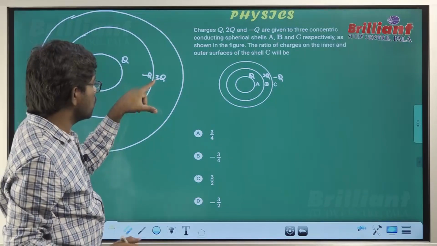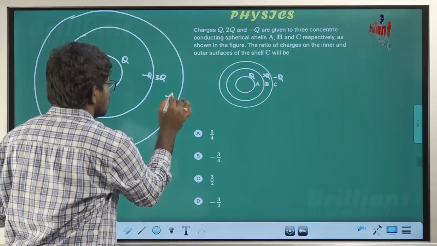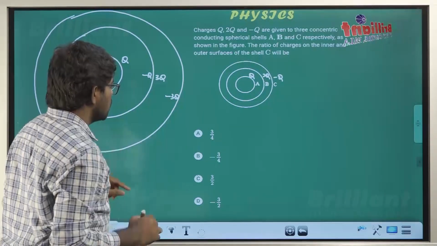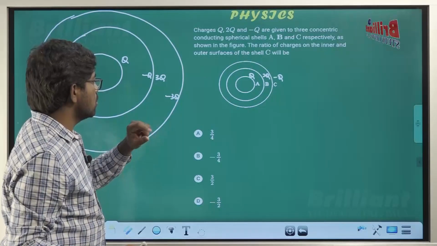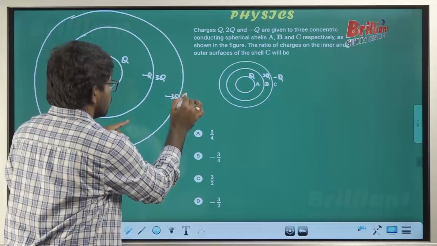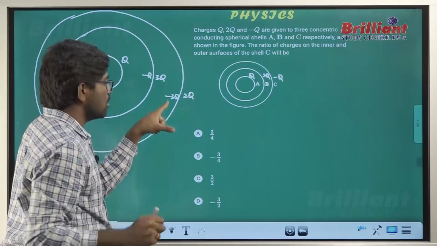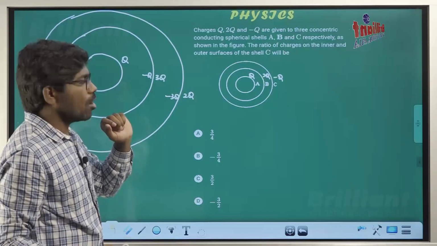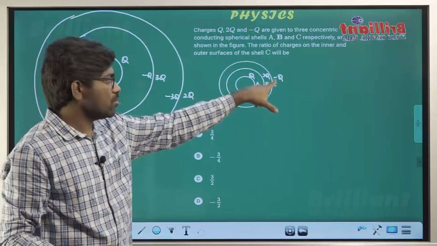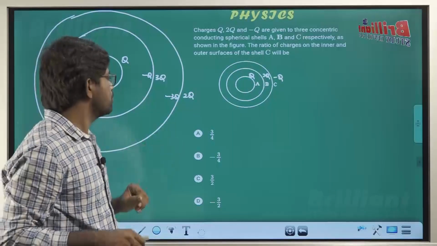If this is 3Q, then how much here? Here it should be minus 3Q. If minus 3Q is here, then what is the remaining left out? Outside it should be 2Q. Why? Minus 3Q plus 2Q, how much is it? Minus Q. Total minus Q.